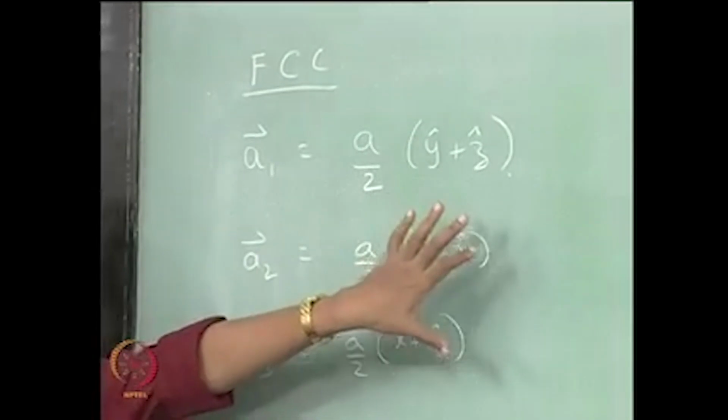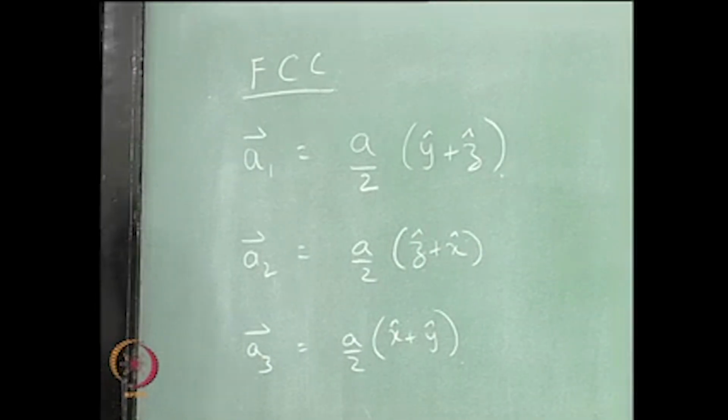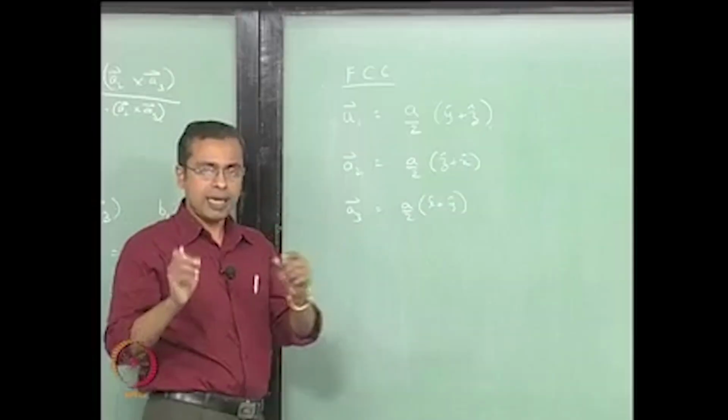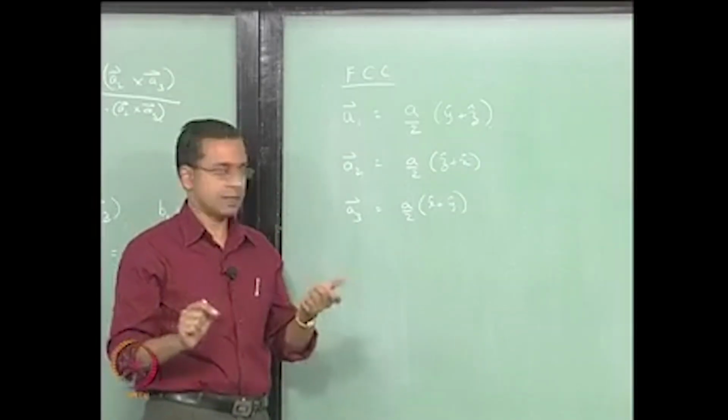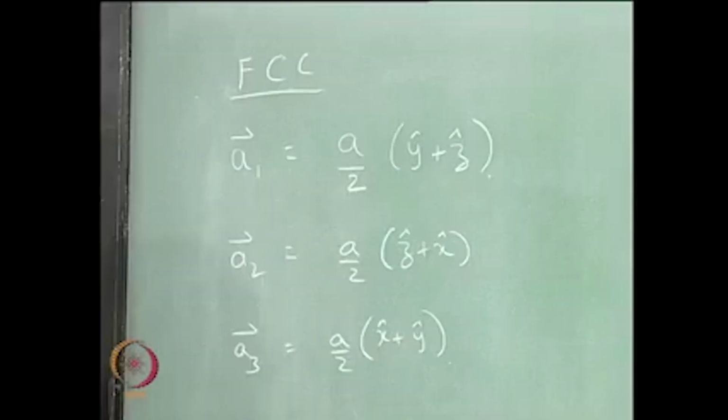Maybe these vectors do not immediately convey to you the sense of a face centered cubic structure that you are more familiar with, but actually if you take a moment you realize that in fact it is. These are vectors which connect the origin of that face centered cubic structure to the 3 face centers.